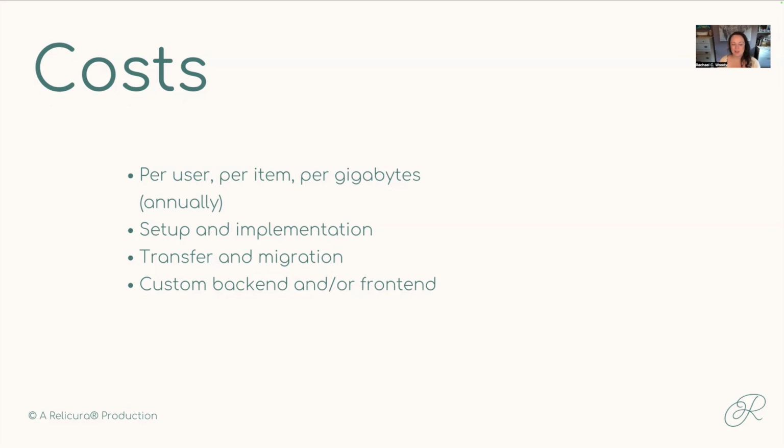And any sort of customization, whether it's custom backend or custom front end, depending on the product configuration, can also have one-time costs, whether that's one time at point of implementation or later down the road when you want to set up something different. Regardless, those are usually at that point one-time costs.